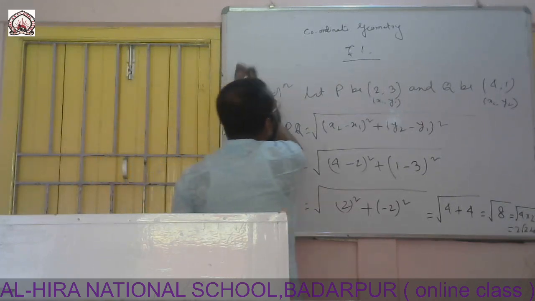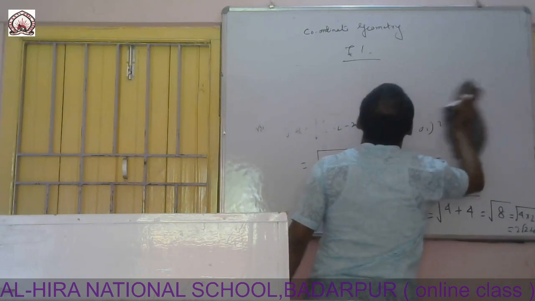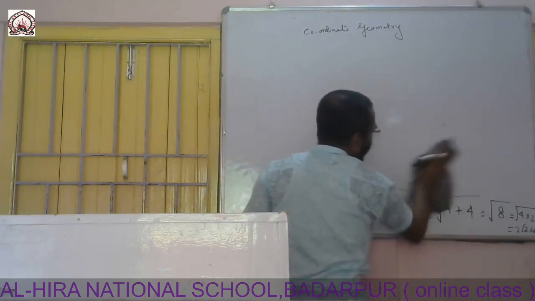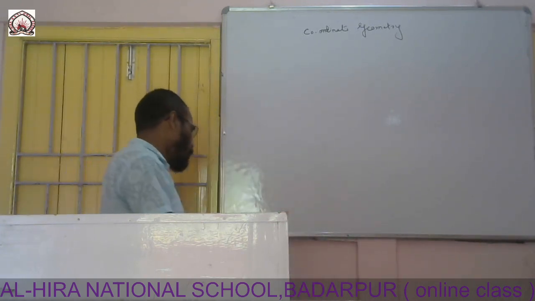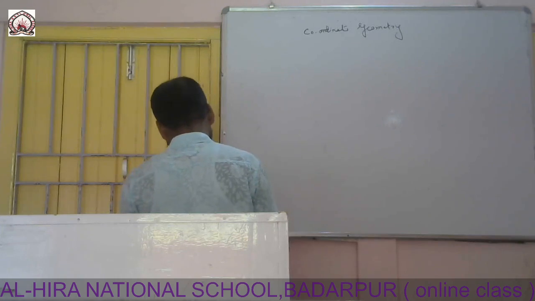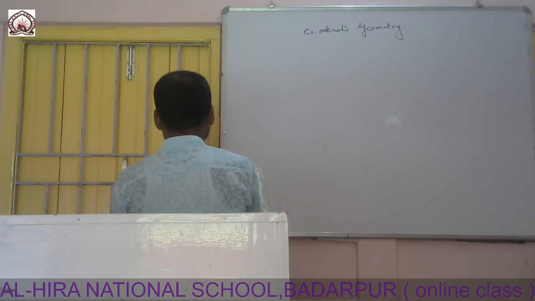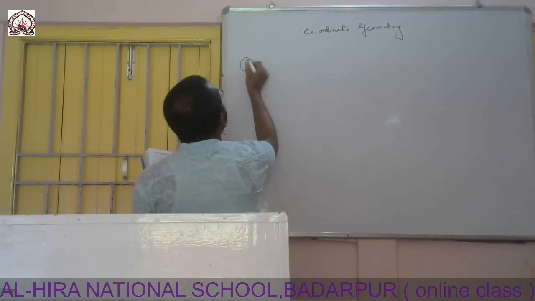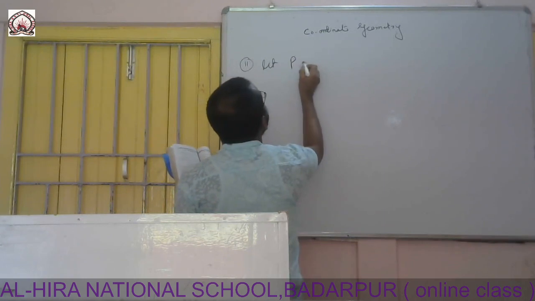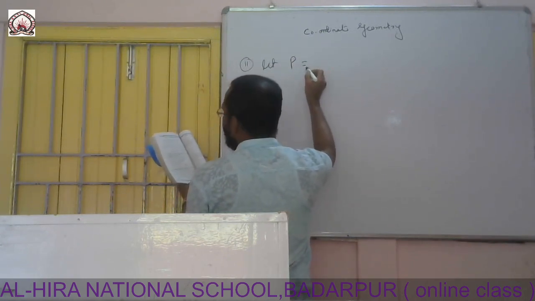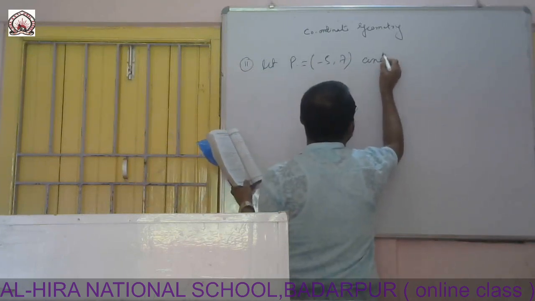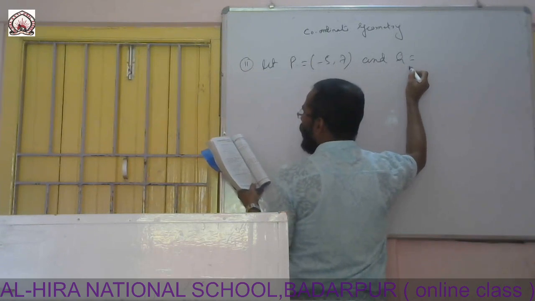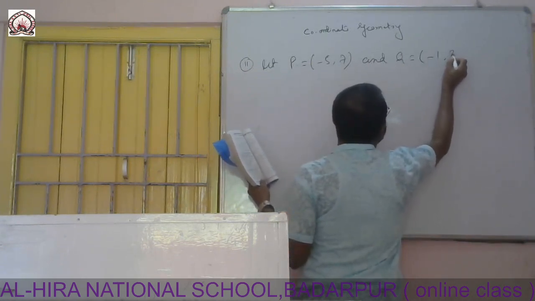Now number 2 is the distance between the points minus 5, 7 and minus 1, 3. So let P is equal to minus 5, 7 and Q is equal to minus 1, 3.